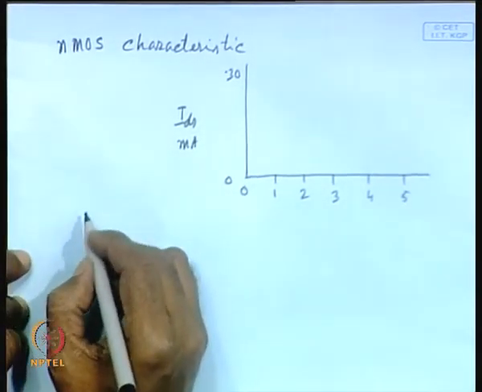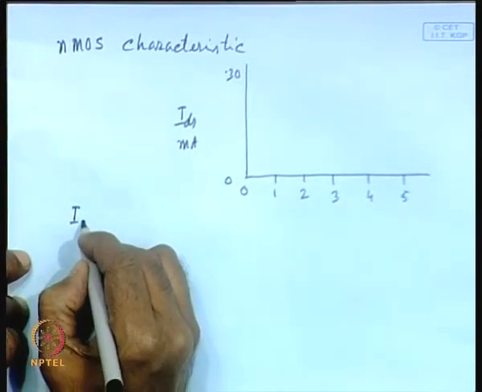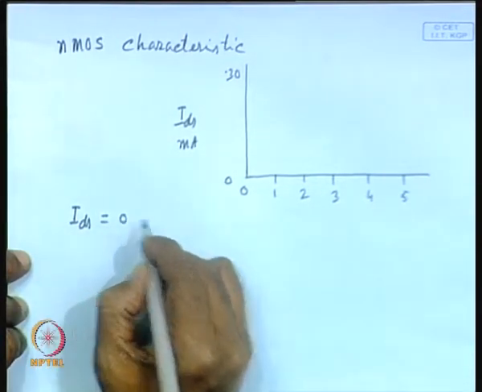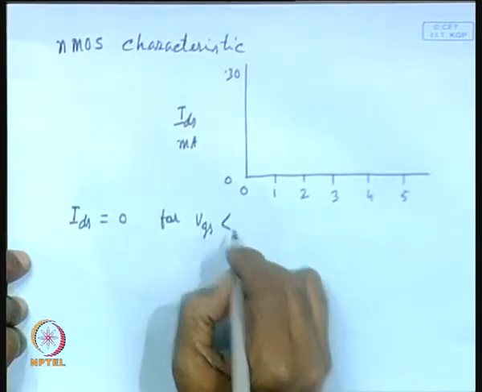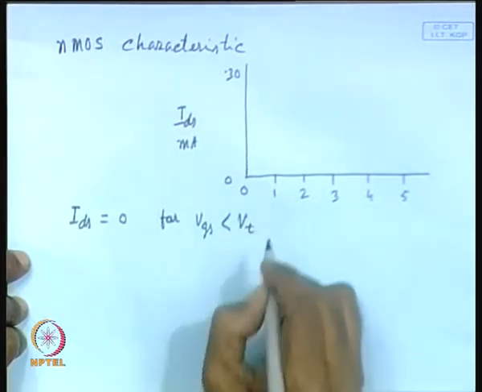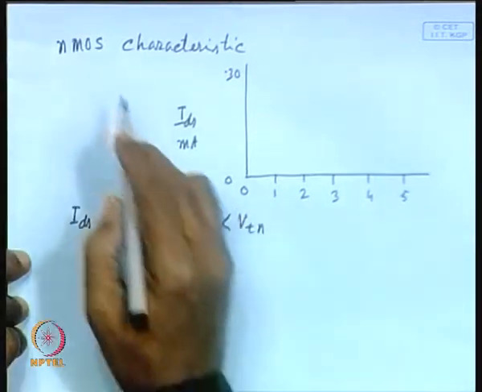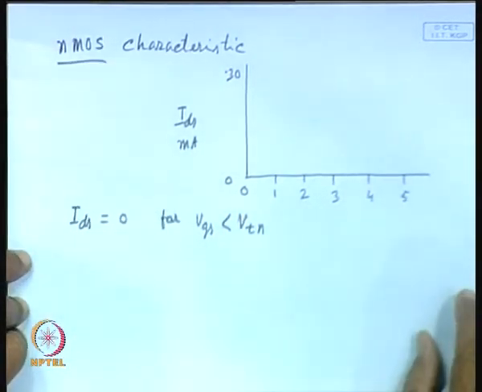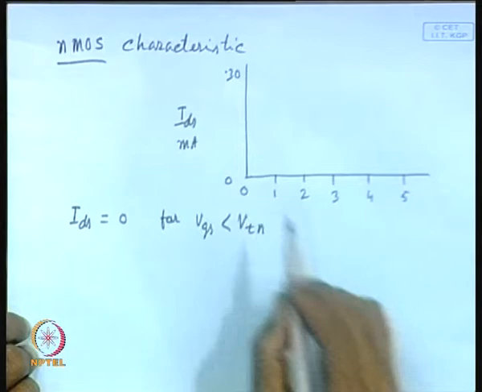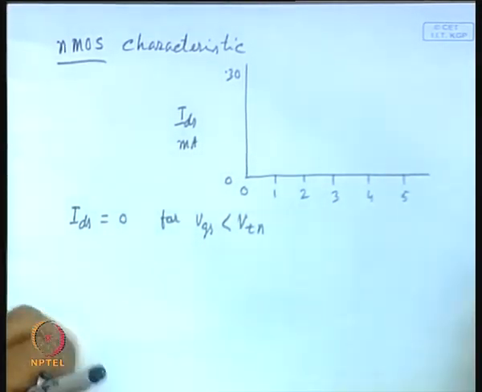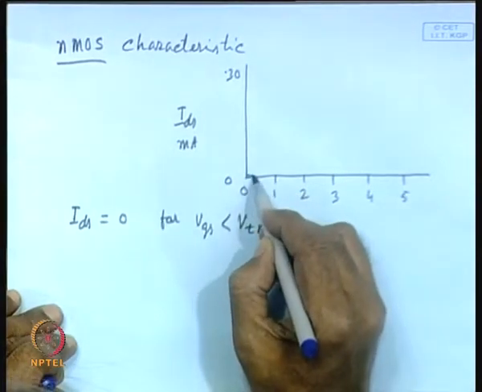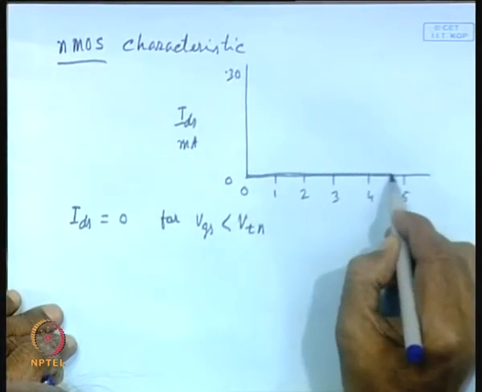Now, as you have seen, there are 3 regions. IDS is equal to 0 for VGS less than VT. We can write VTN if we consider it an NMOS transistor. So, this line will correspond to this region.